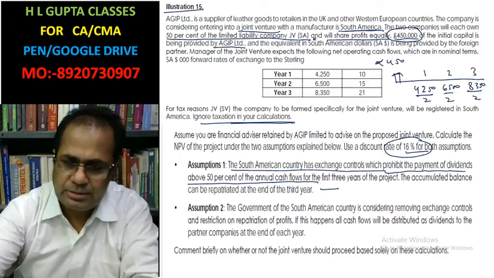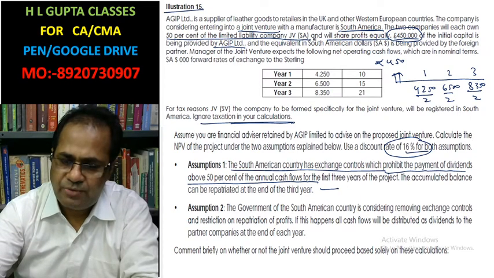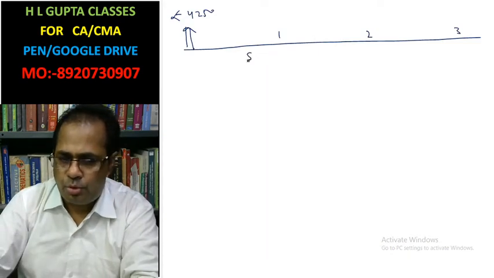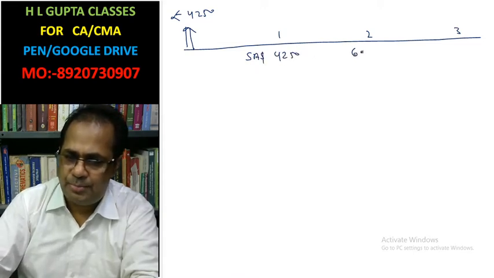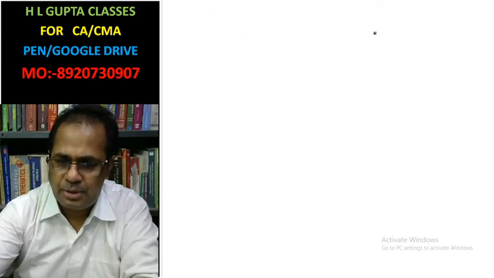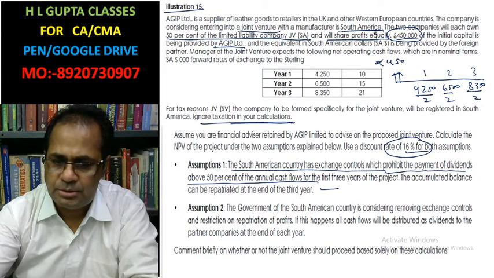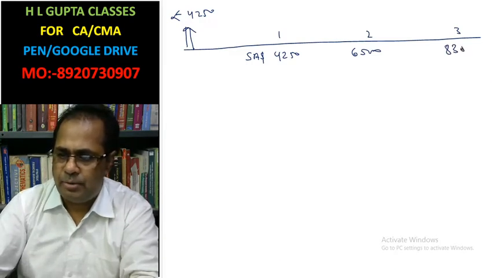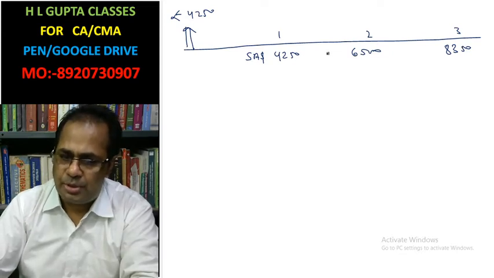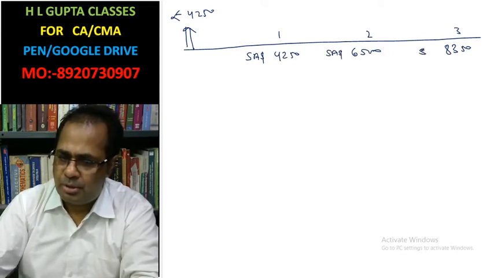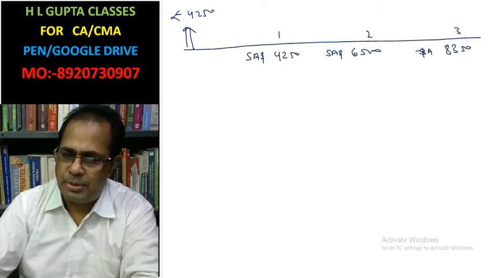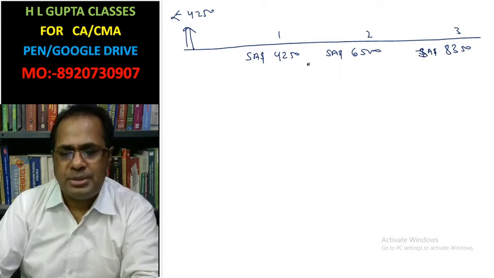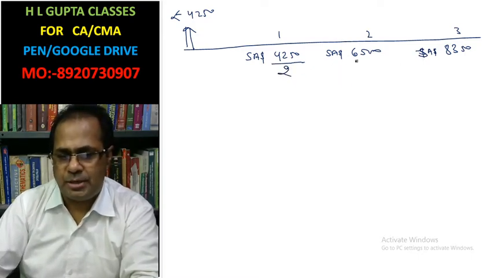Your return is 4250, 6500, 8350. This is in South African dollars. Out of this inflow, you have a half share.